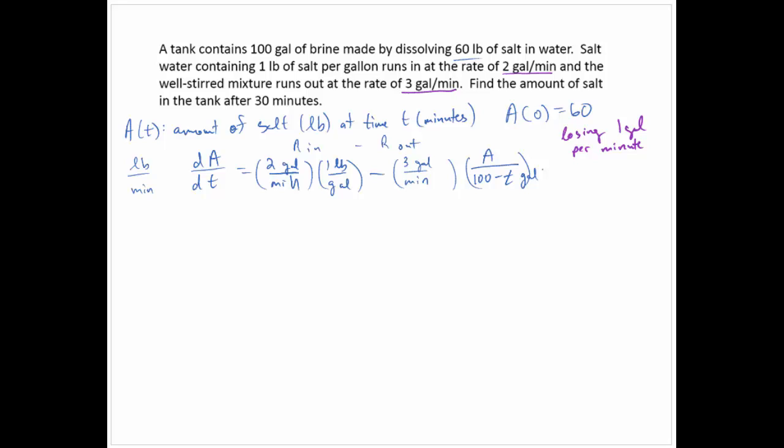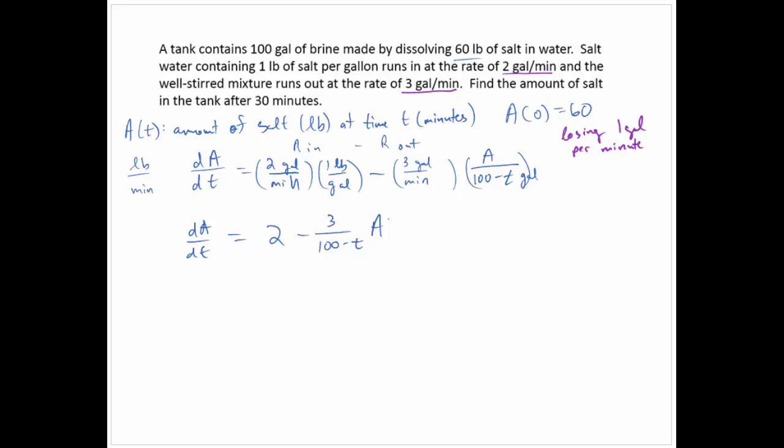So here's the equation we need to solve. dA/dt is equal to 2 minus 3 over 100 minus t times A. And this is a linear equation.